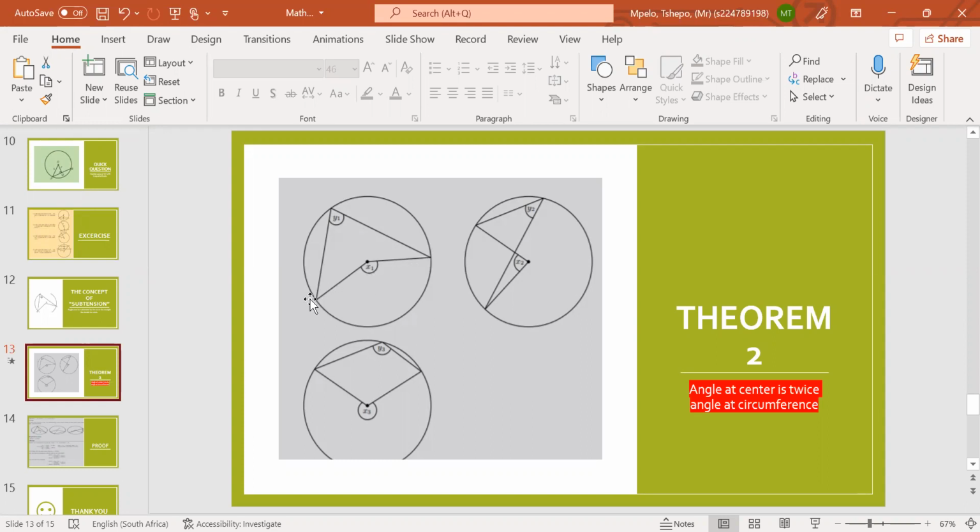They are both subtended by this arc, as you can see. Can you see that? Because they are also subtended by the same arc, the other one is at the center and the other one is at the circumference.